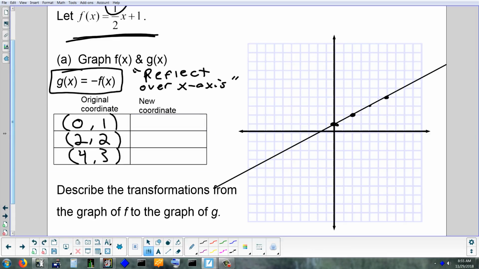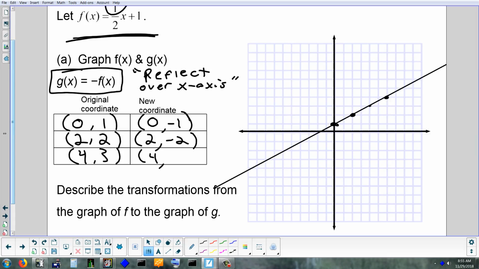You got to tell me what to do, and then you have to tell me what letter to do it to. Yep. You make all y values the opposite sign. So x's stay exactly the same. What's the opposite of 1? What's the opposite of 2? -2.